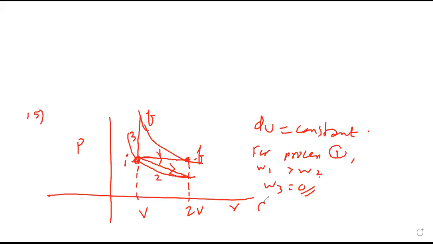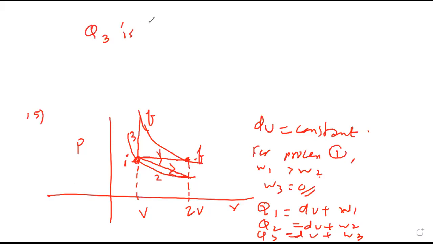Now, what is our formula for Q1 or Q2 or Q3? It is dU plus work done in first, dU plus work done in second, dU plus work done in third. Okay. So from this, can you get an idea? Third is least because W3 is 0, and Q1 is maximum. Followed, sir.